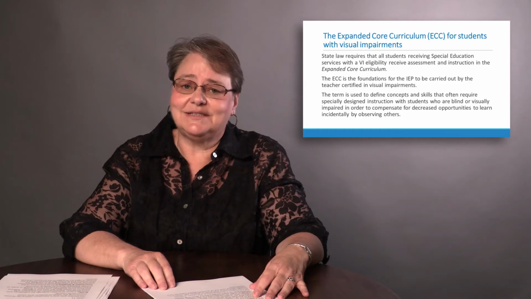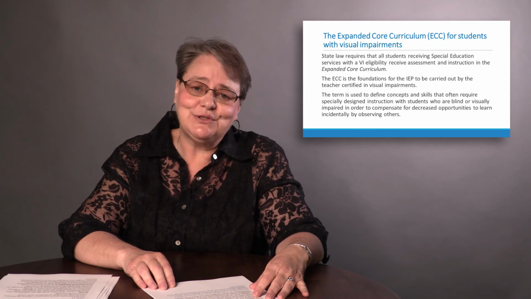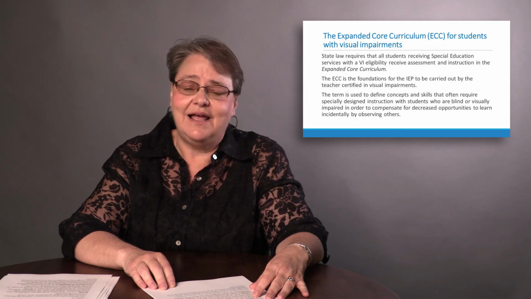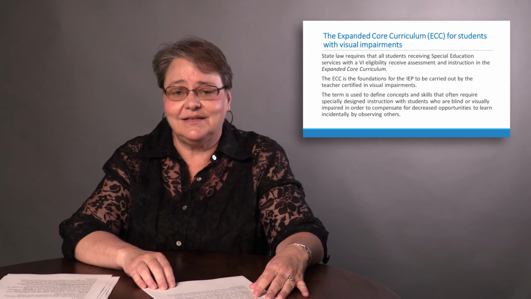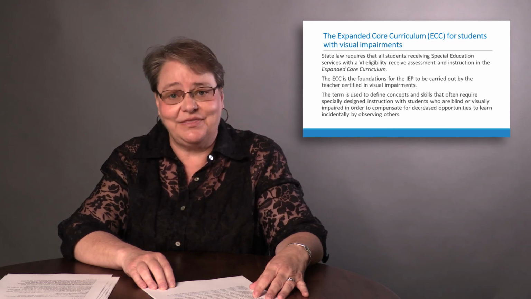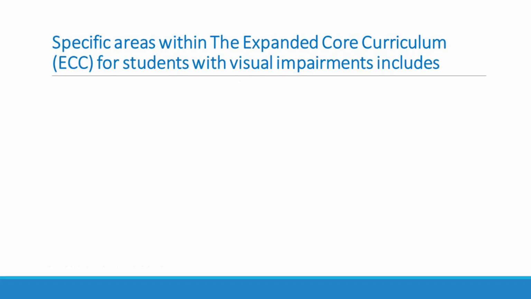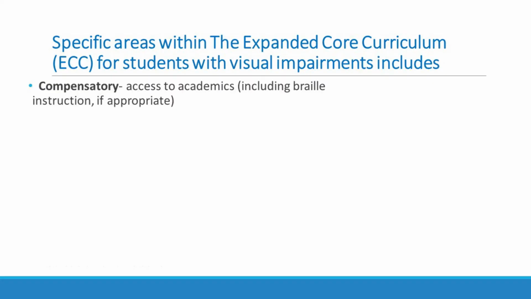The curriculum is developmental and spirals students through a series of lessons that leads them toward self-advocacy, independence, and the use of the accommodations that they need within the instructional setting. Specific areas within the Expanded Core Curriculum include compensatory skills to access academics, which includes, if appropriate, Braille instruction.